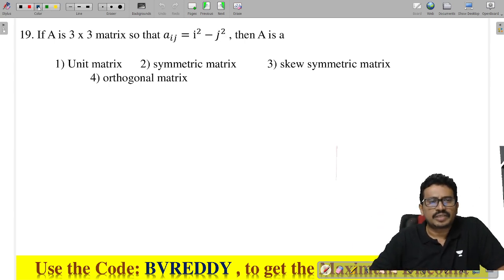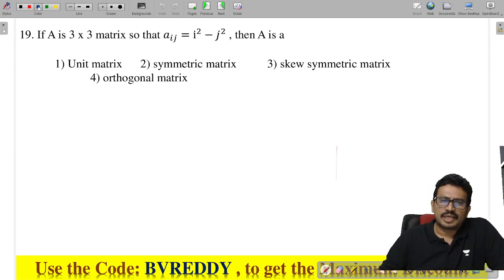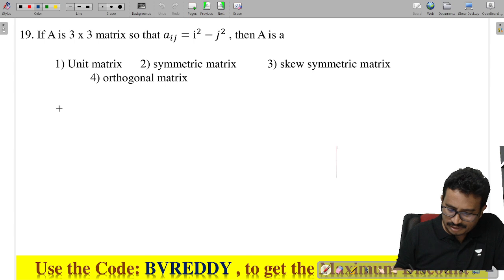A is given as a 3 cross 3 matrix, a_ij, which is given as i square minus j square.